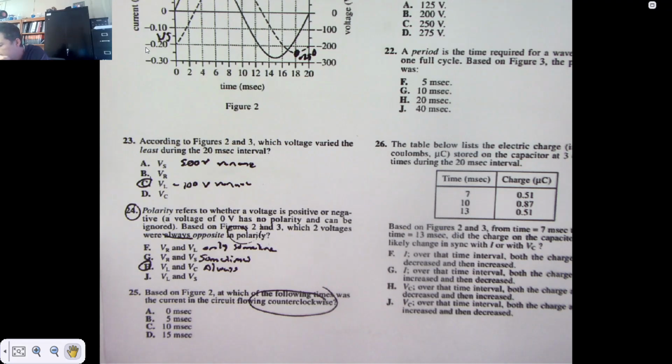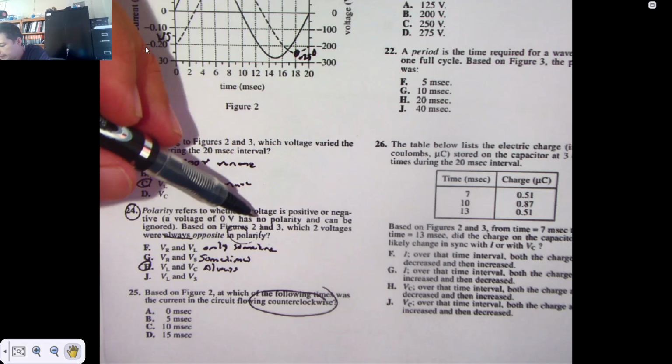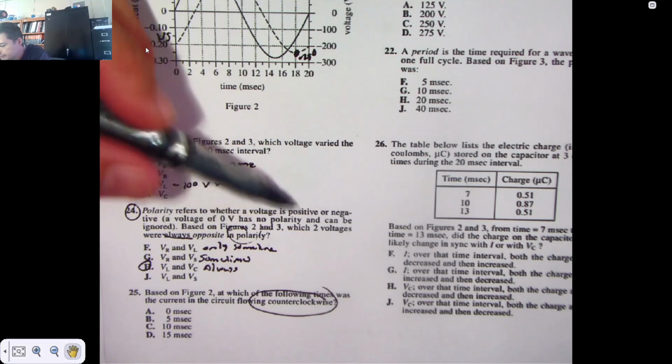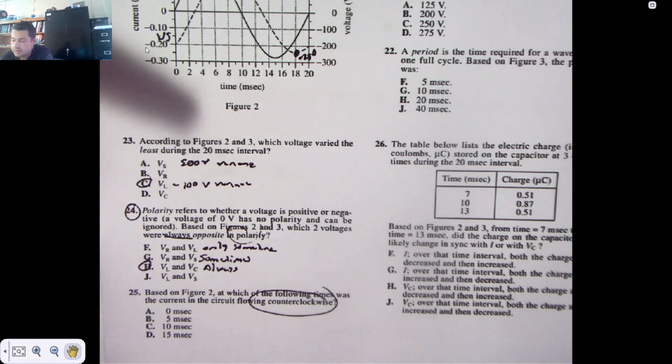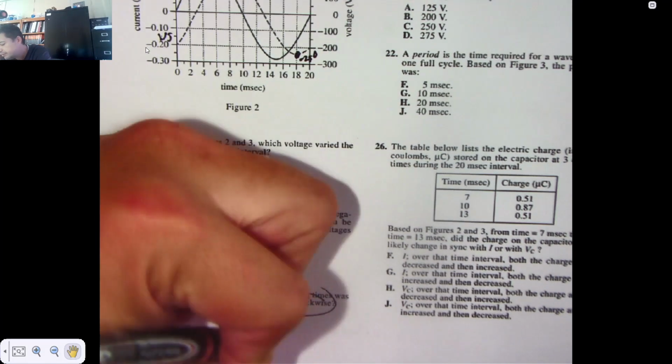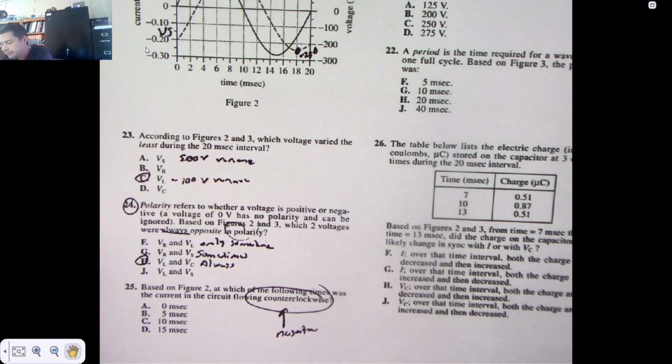They did not, did they? Yeah, they did, because they defined clockwise and stuff. All right, anyways, there's the definition of counterclockwise. That means I'm looking for negative. I only have to look at figure 2. So where is the current negative based on the times?